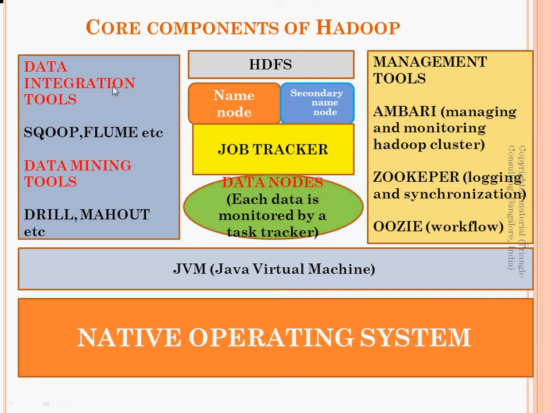On the left hand side, this blue box speaks about a set of tools, which are data integration tools and data mining tools. The whole idea of Hadoop is to do some kind of intensive data processing operations. So where is this data coming from? This data definitely has to come from some database servers or external sources.